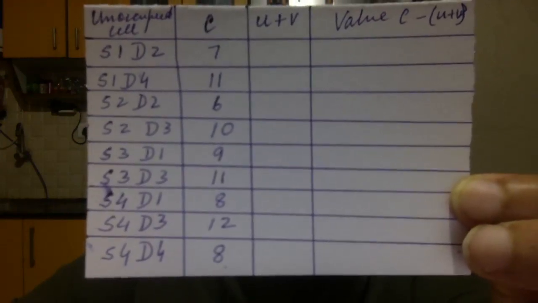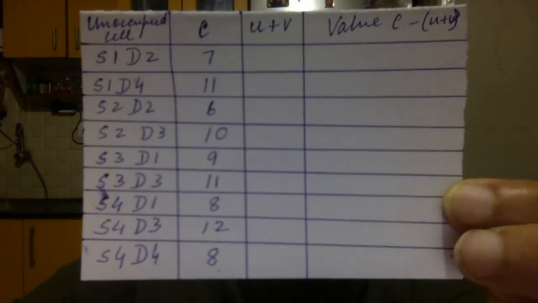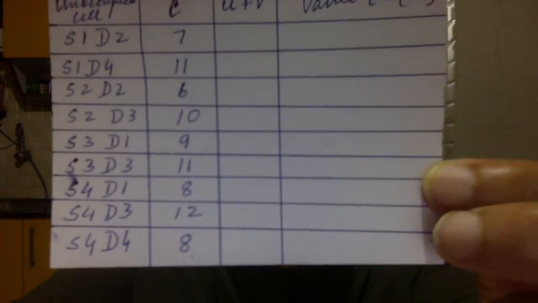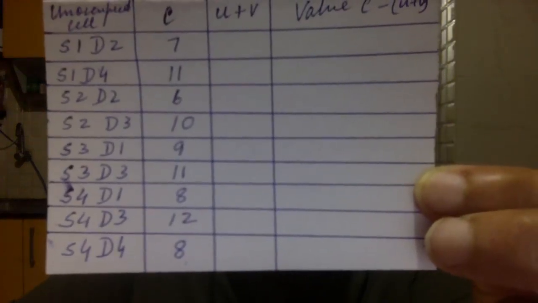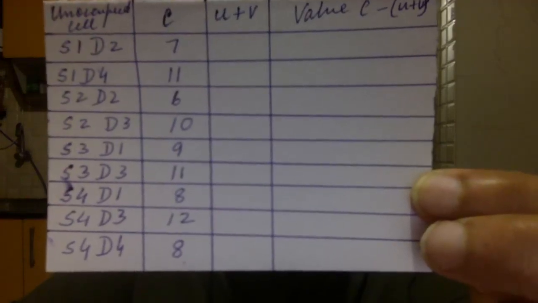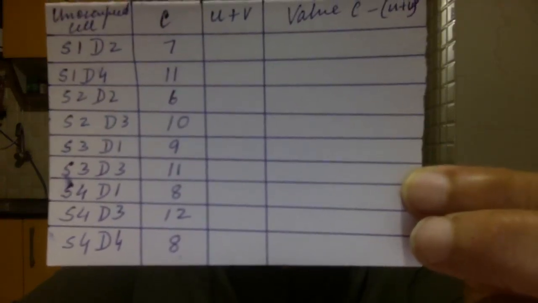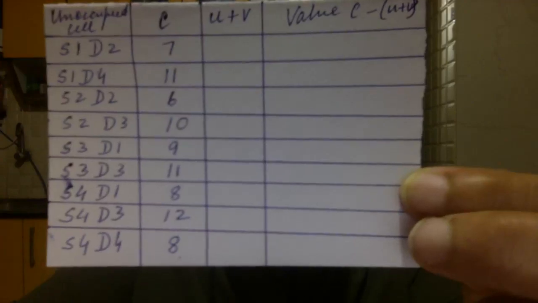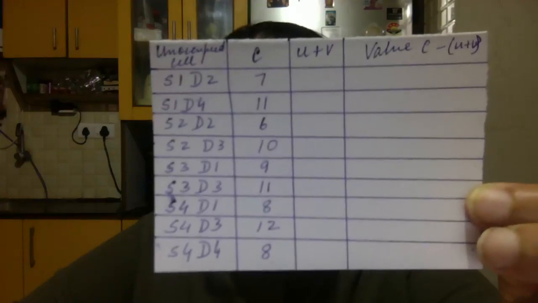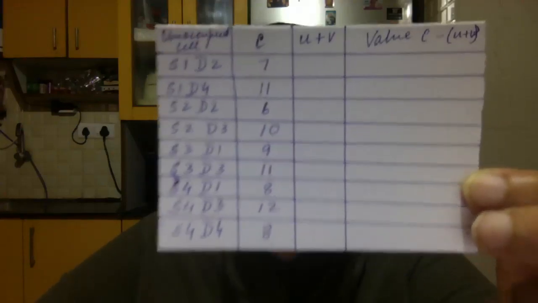Next, in the S2 row, S2 D2, 6. Next, S2 D3, 10. Next, S3 D1, 9. S3 D3, 11. Next is S4 D1, 8. Next is S4 D3, 12. And the last one is S4 D4, 8. Yeah, so we have this correct.